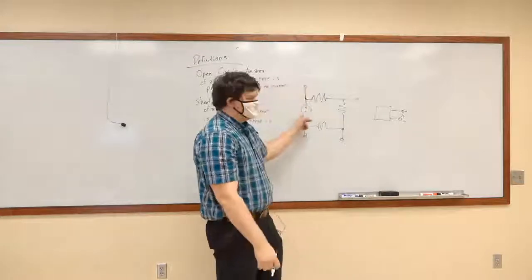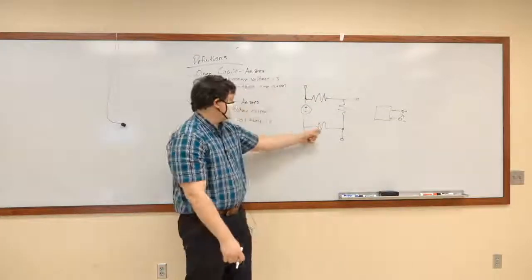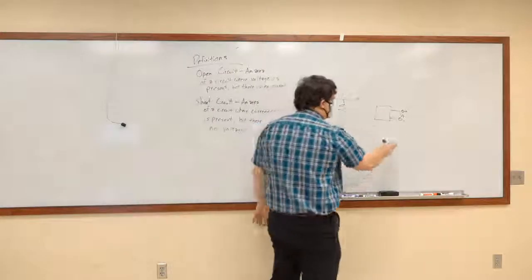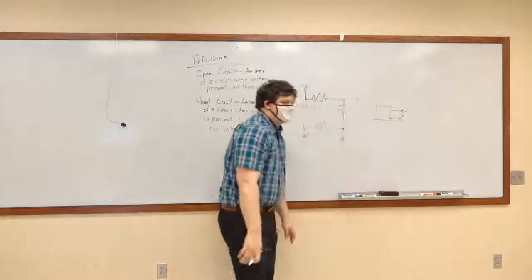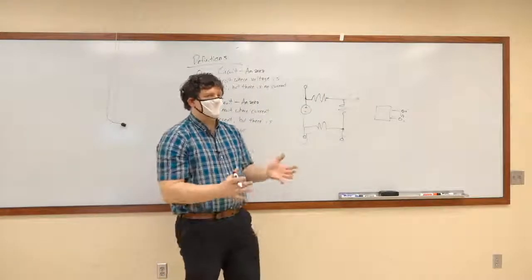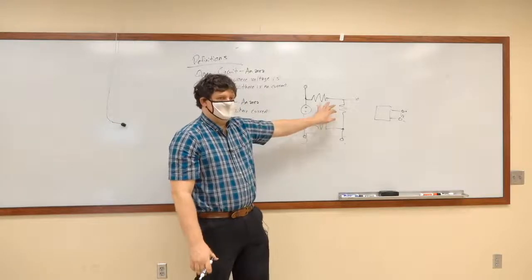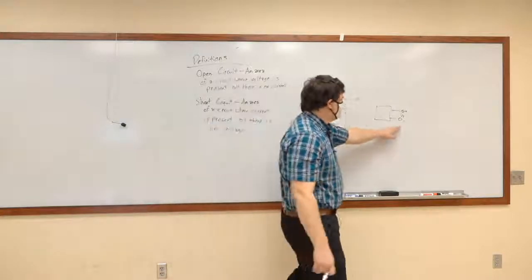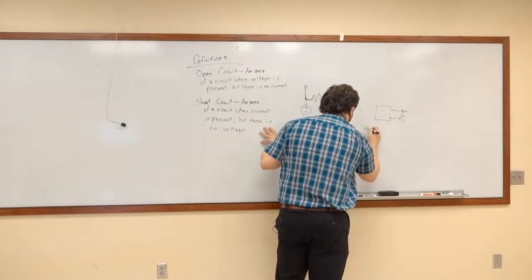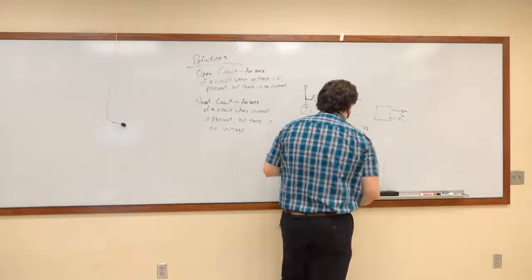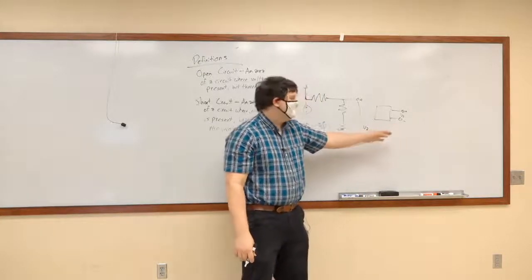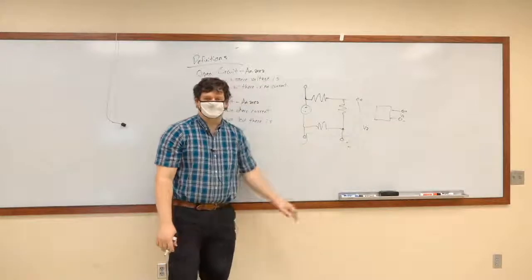It doesn't matter what the source voltage is, it doesn't matter what this resistance is, this resistance. All we care about is what's coming out of here. Okay? If that's the case, then we can make a circuit equivalent to this one, such that the output voltage VA, where this is plus and minus, are identical between whatever this black box thing is and this circuit here that we just drew.